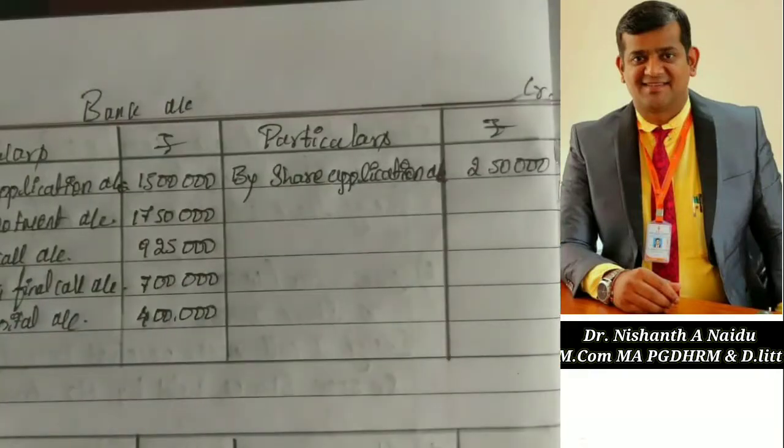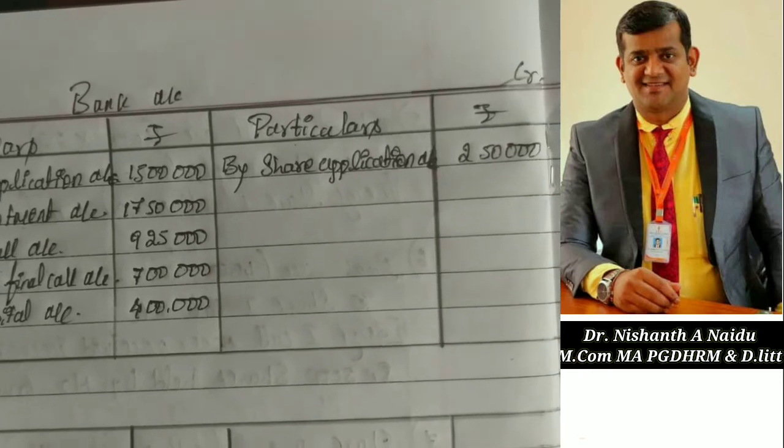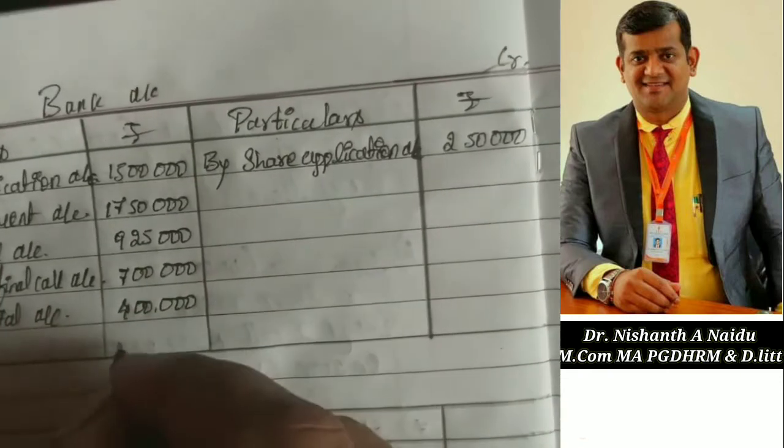So now done. Total the amount column, 15 lakh plus 17 lakh 50,000 plus 9 lakh 25,000 plus 7 lakh plus 4 lakh. Put together, 52 lakh 75,000 is the bank account total.